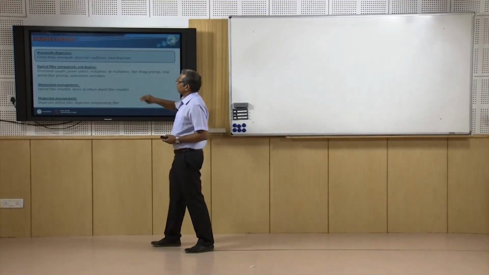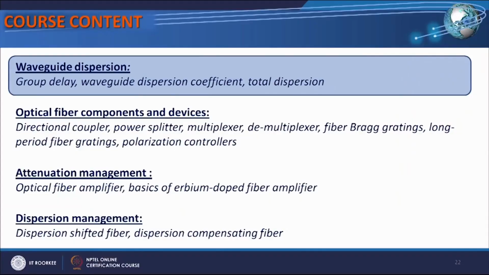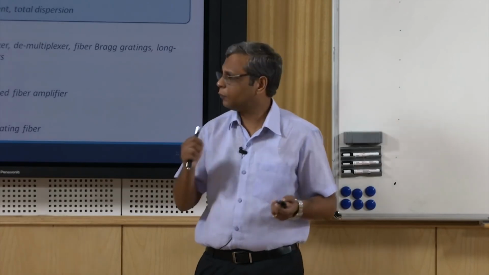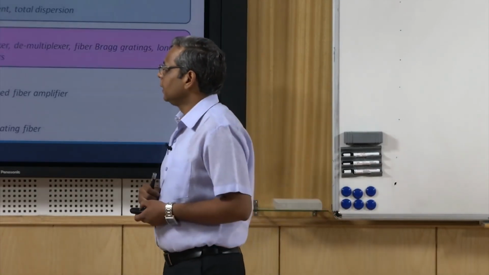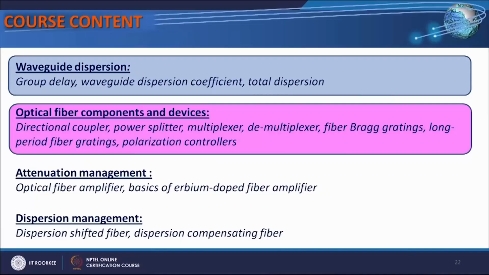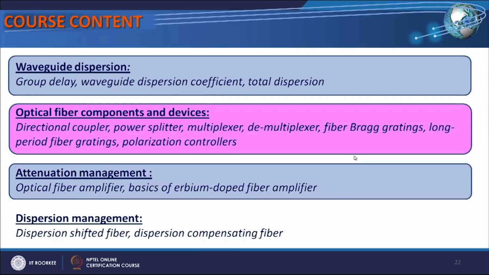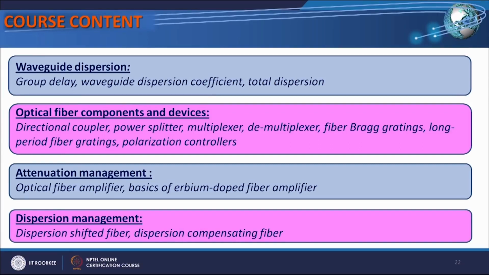Then waveguide dispersion, which is one of the mechanism responsible for broadening of pulses. Then optical fiber components and devices, which include power splitter, multiplexer, demultiplexer. Then how do we manage the attenuation of pulses in an optical fiber? Then how do we manage broadening of pulses in an optical fiber, that is dispersion management.